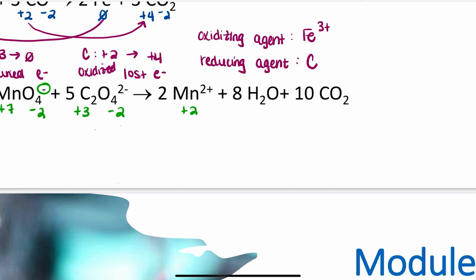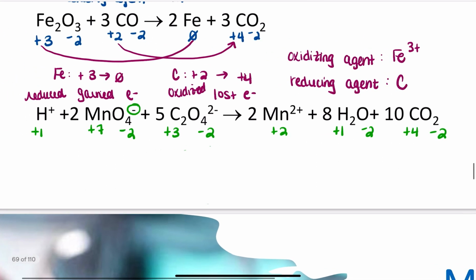H2O, oxygen is -2. Each hydrogen has to be +1. In CO2, each oxygen is -2, so the carbon must be +4. So let's see what changed. Hydrogen, +1 to +1, no change.